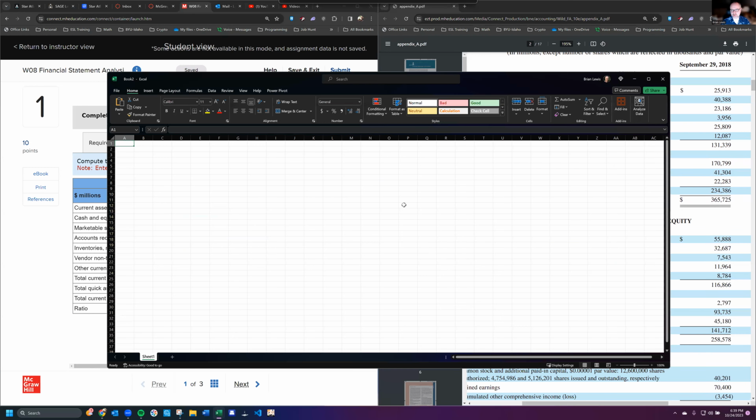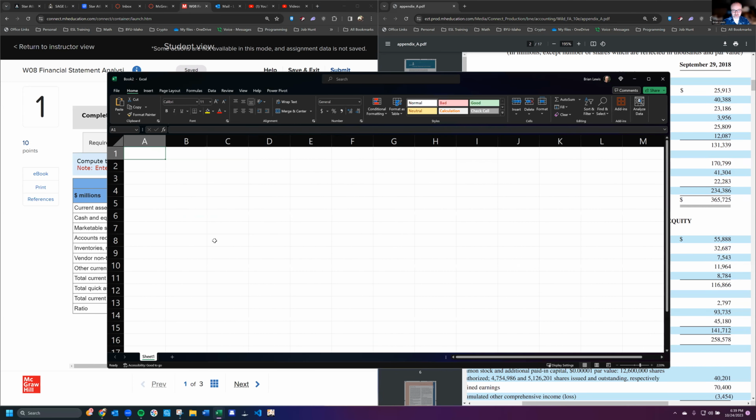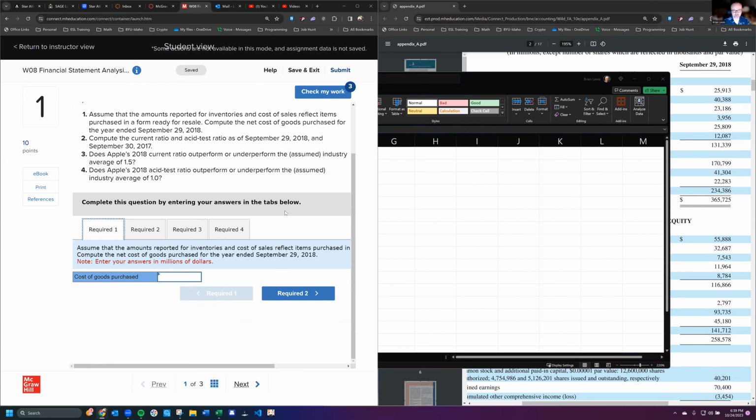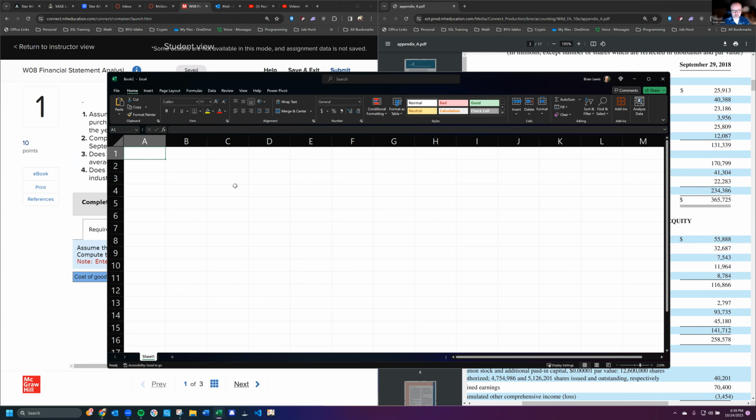Okay, so let's start out with just the basic one, which is the first required number 1. What's the cost of goods purchased? So we know that you have a beginning inventory value. We'll have a cost of goods purchased, which is going to be a plus.